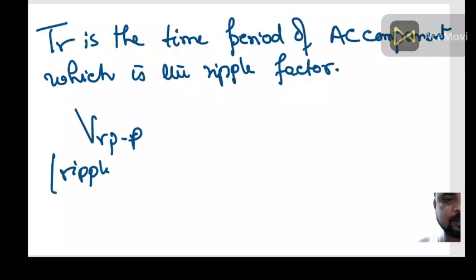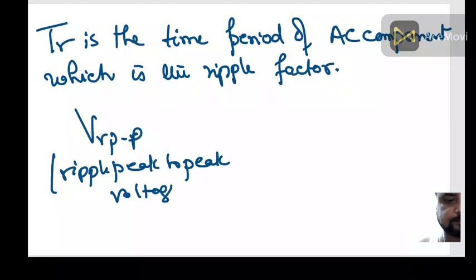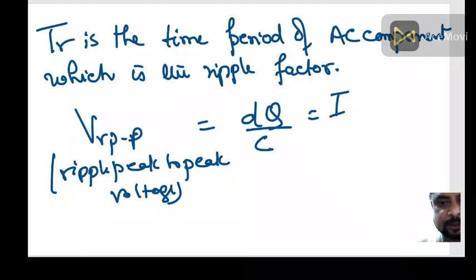So you can calculate this ripple peak to peak voltage. This is the ripple peak to peak voltage. As V is Q by C, change is dQ by C. This is a very important concept. Current you can write I DC into TR. Current is Q by T and this is the TR time.